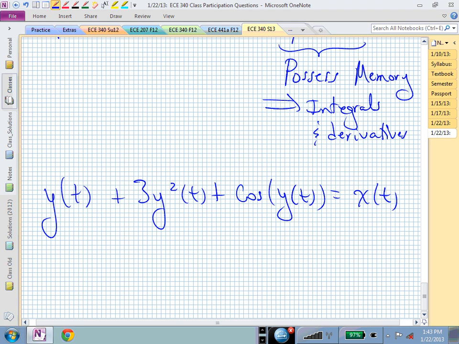Is that an instantaneous or a dynamic system? Does this have memory? No. As soon as I pick an x, the output is determined, isn't it? It's at the same time. So this particular system is instantaneous and possesses no memory.